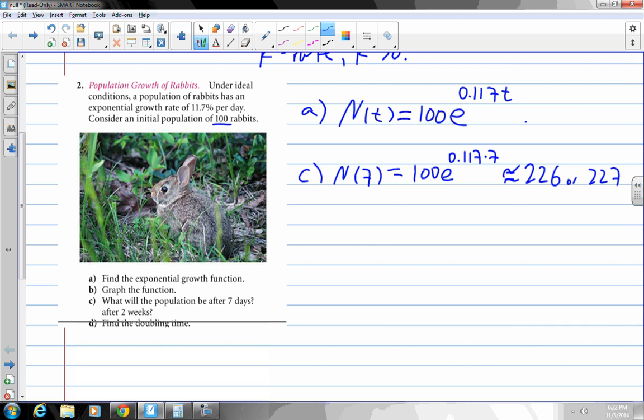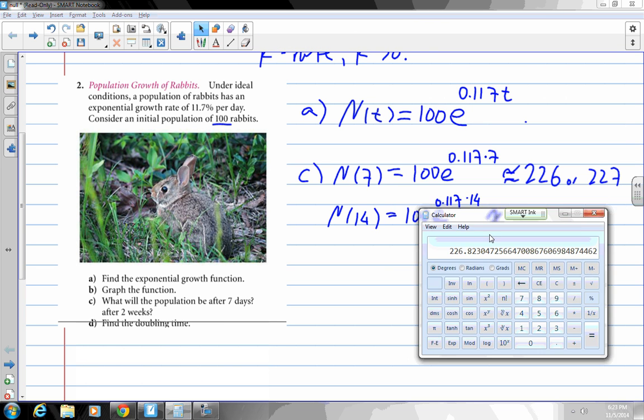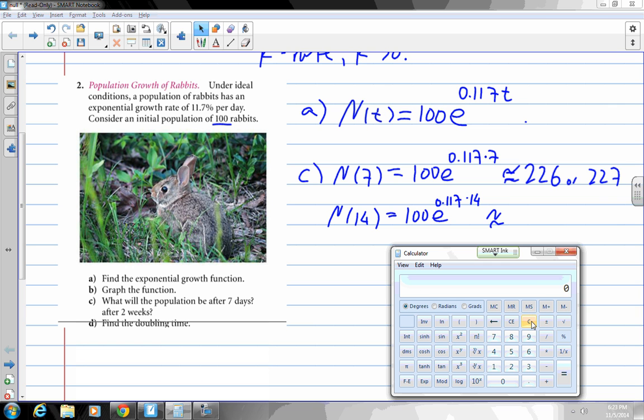For 2 weeks, you just have to make sure you're in the same units of measure. So it's 14 days since t is measured in days. We should be able to compute that pretty easily. So 0.117 times 14, raise e to that power times 100.